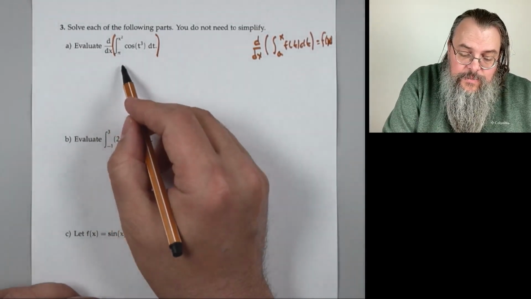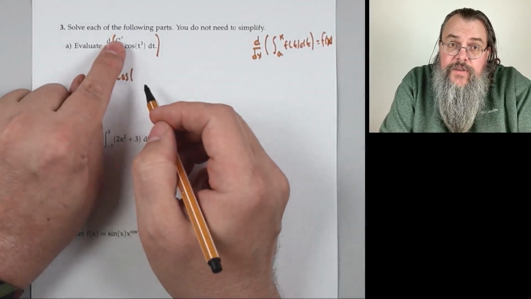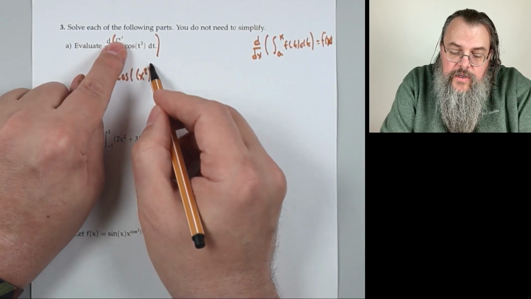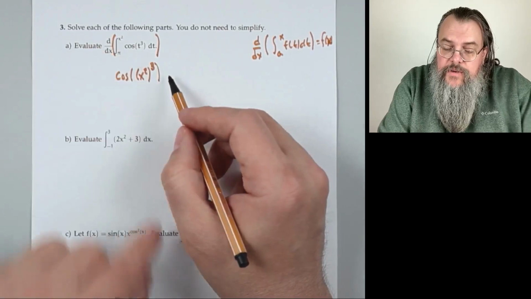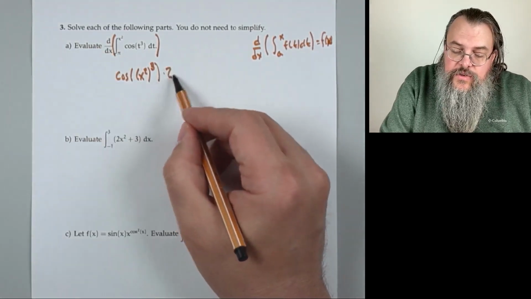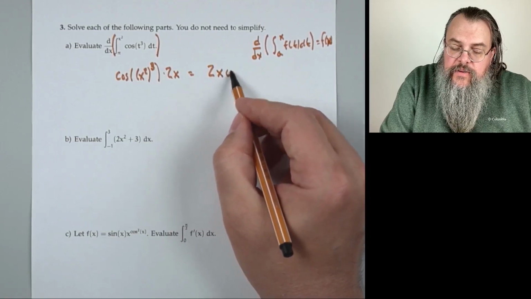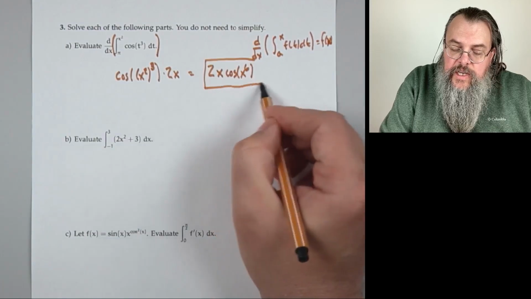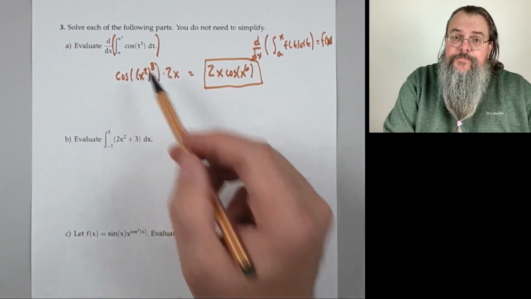So this would be cosine of the inside piece is that function. So that's x squared cubed. And now times the derivative of x squared, which is 2x. So that would end up being 2x cosine x to the 6. Because if I take x squared cubed, you multiply.